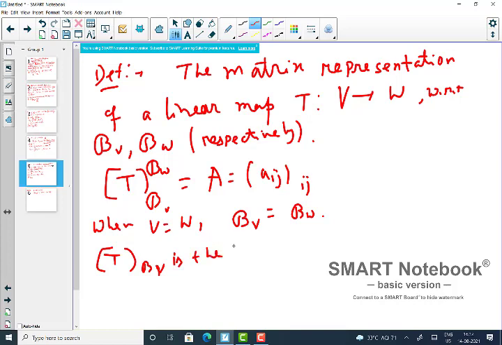Instead of T from BV to BV we write T BV only. This is the symbol for matrix representation.